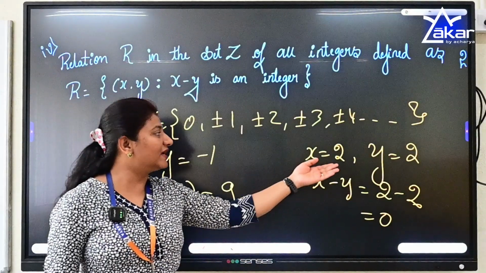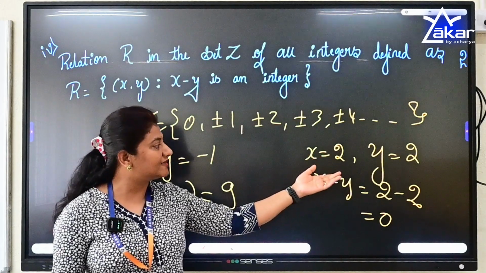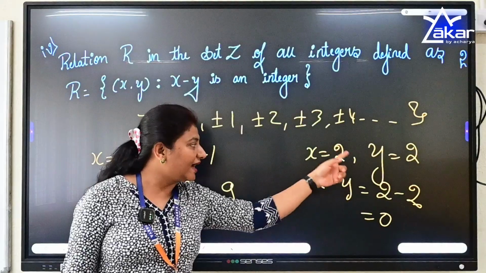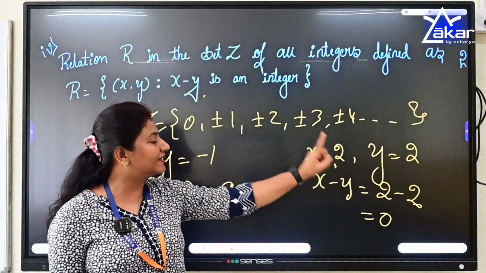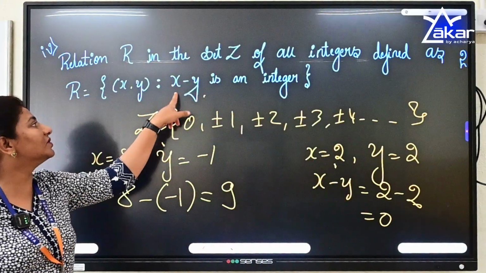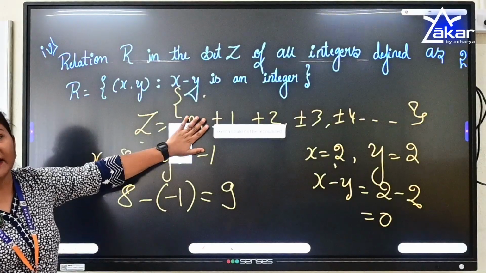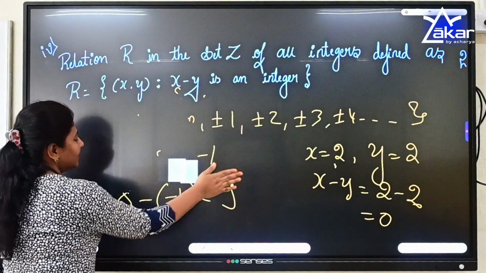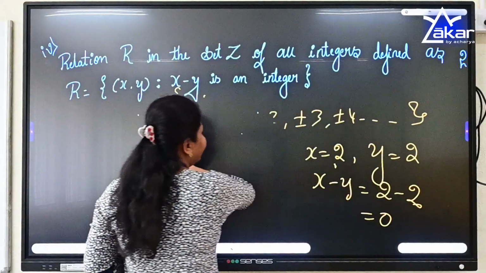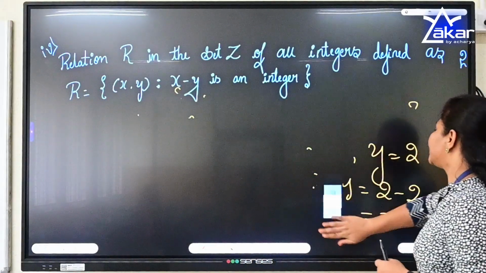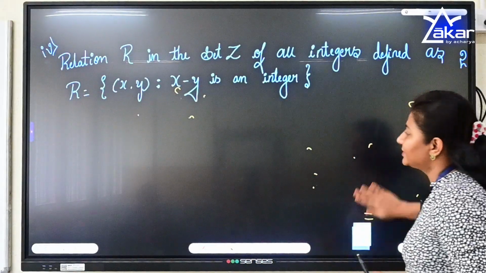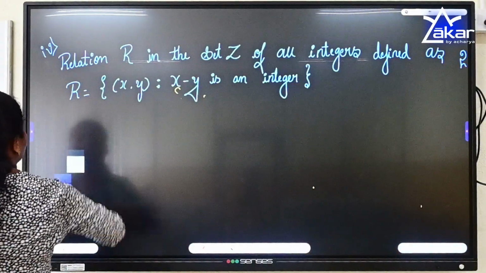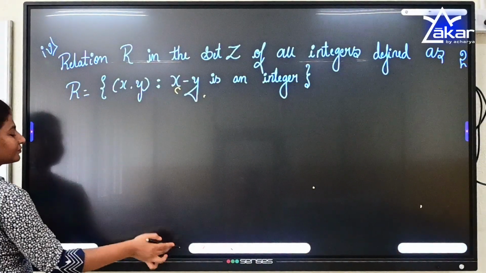So for the reflexive condition, I have given an example, that is 2 and 2. If I take and deduct with the same element, it gives 0. 0 belongs to what kind of set? It is an integer set. So what does it say? For every element, it shows the reflexive condition for the integers. So you can directly write it as reflexive.